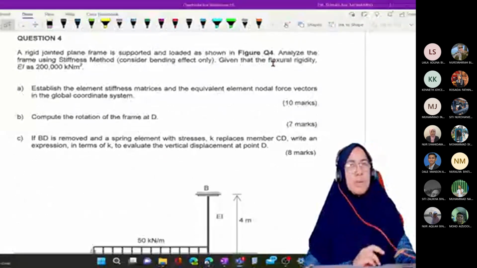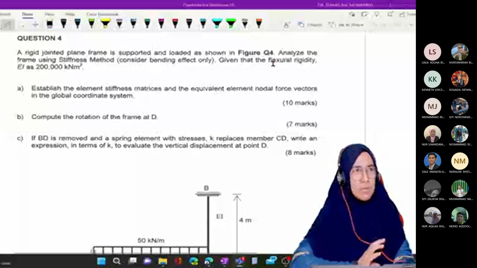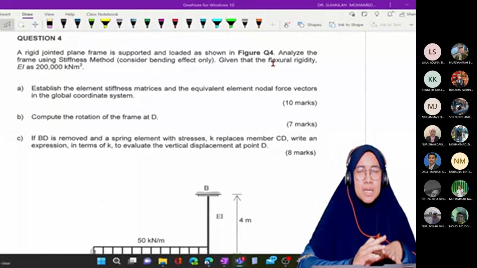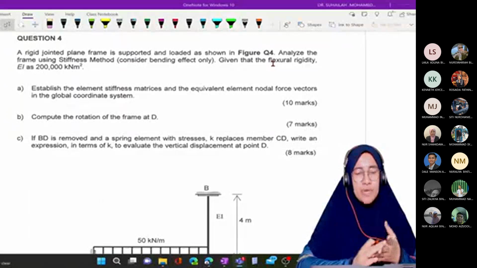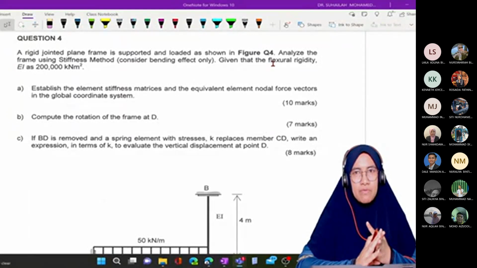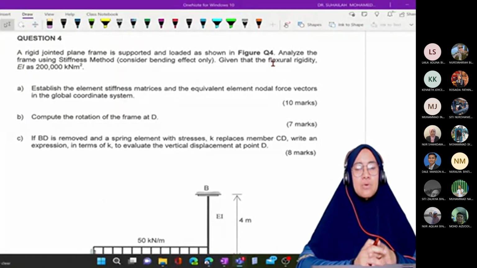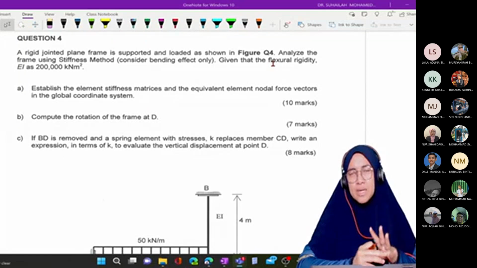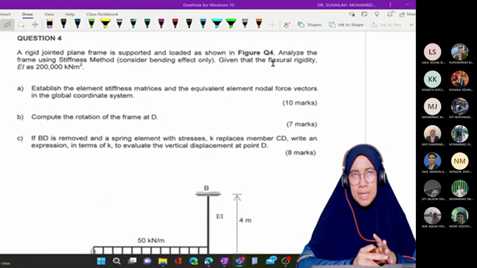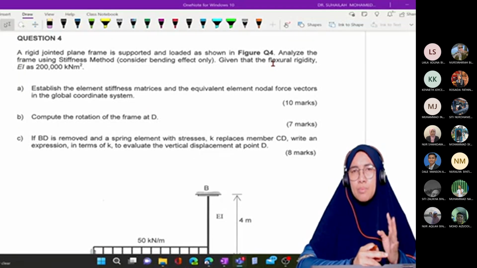Always remember that in stiffness matrix method, the most important thing is the degree of freedom. We have three types of structure we analyze using stiffness matrix method. We start with truss analysis, where truss has 2 degrees of freedom in X and Y component, and then beam analysis.